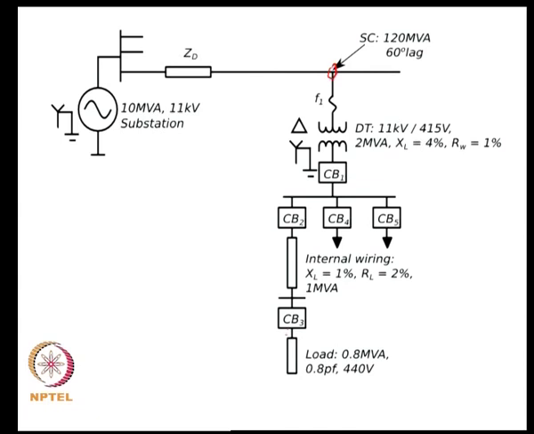And say you have one particular large load, where the wiring to it is rated for 1 MVA with a given reactance and resistance, and then you connect it to a load through another breaker to maybe protect that load. Okay. So, the question is, can we get a feel for what should be the values of the ratings for, say, F1, CB1, CB2 and CB3 in such a system.